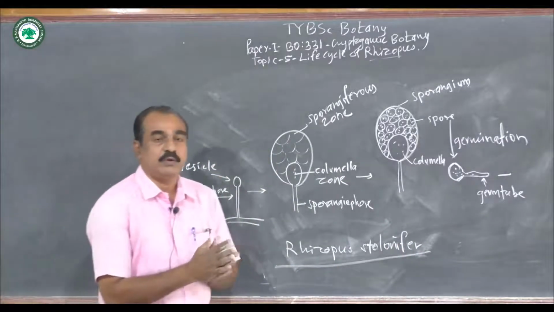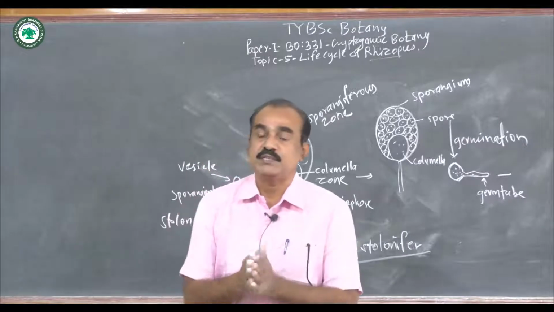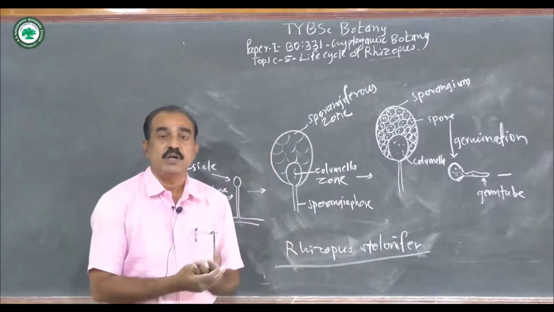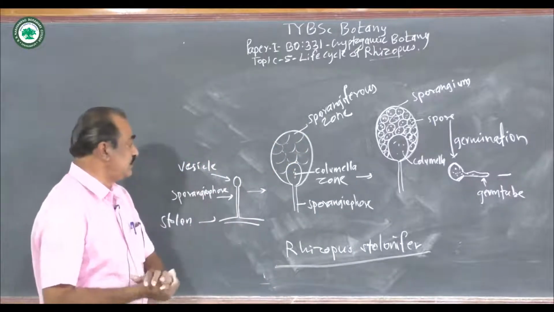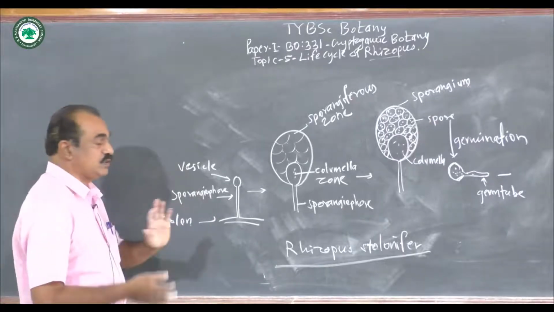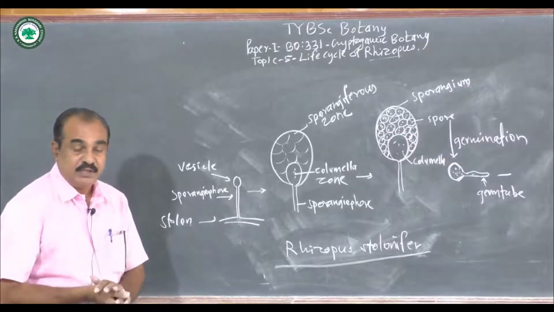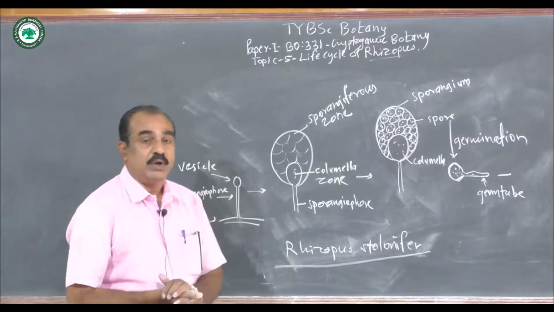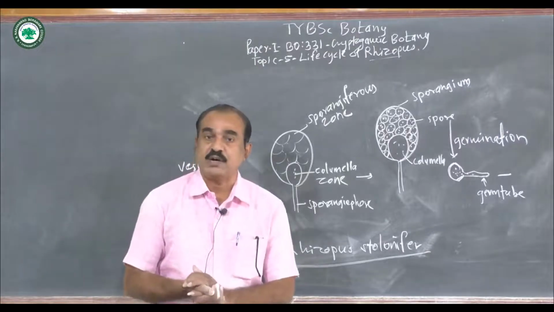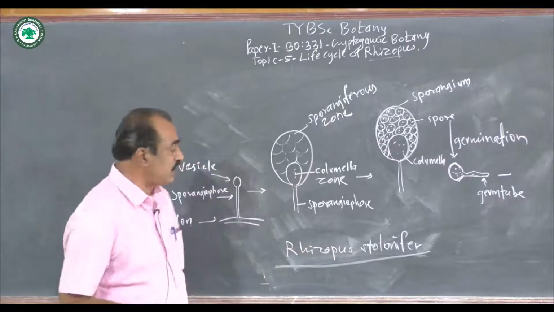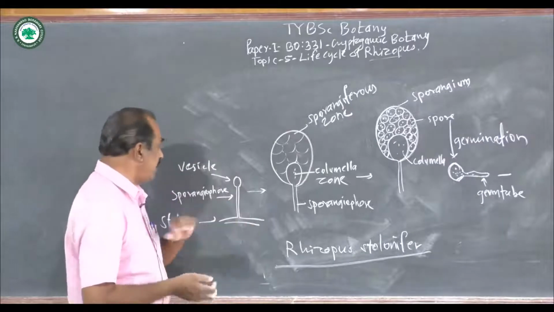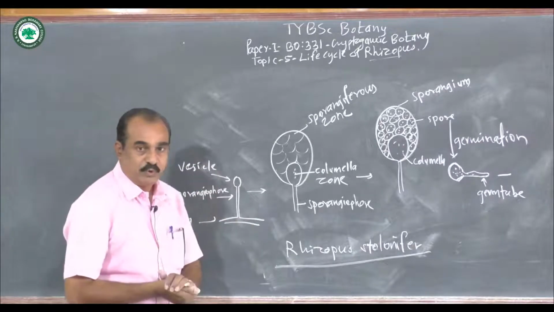Now this is about the asexual reproduction, which takes place with the help of aplanospores or spores. At the initial stages of the development, there is the stolon, which is branched and coenocytic. It develops some elongated tube-like structures. They are rod-like structures, called hyphae, and these hyphae are called the sporangiophore.